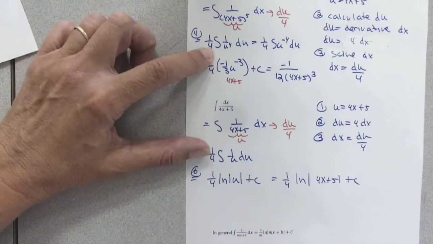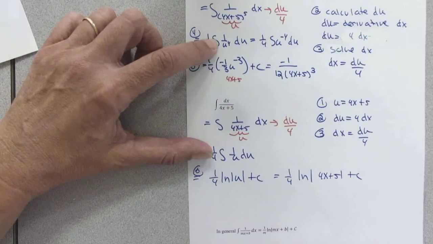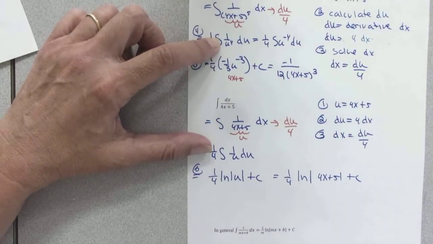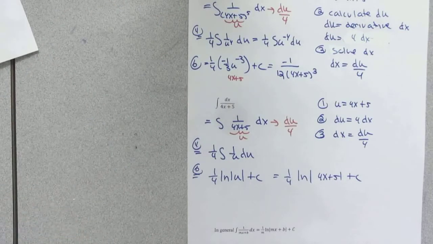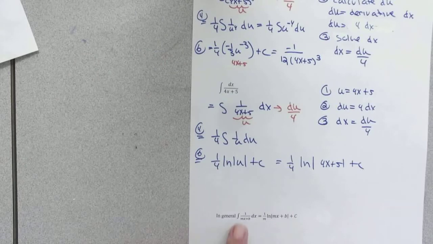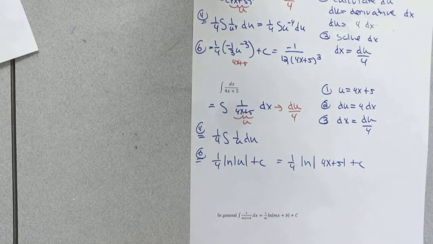I will have so many people tell me that the integral of 1 over u to the fourth is the natural log of u to the fourth, and that's just wrong, and you lose so many points. That's not a minor error, that is a major error. The only thing that integrates to the natural log is 1, doesn't have to be 1, but a constant over linear, constant over u du.